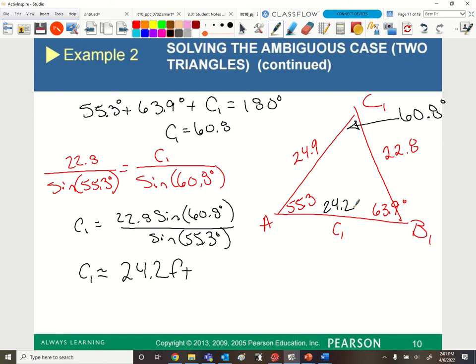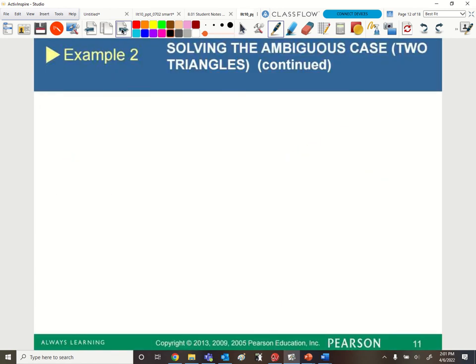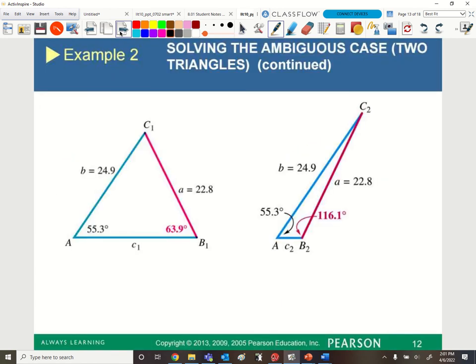And that's whenever you have the angle-side-side. Here's the diagram with everything filled in. That's the reason why we can have two separate triangles: for little a, it could go that way or be kicked out that way. And so that means it's going to change my value for c.